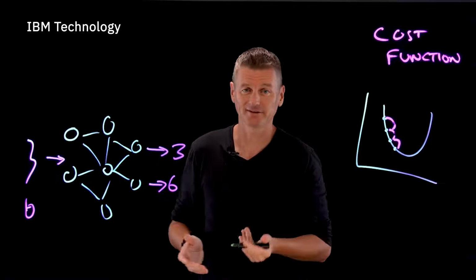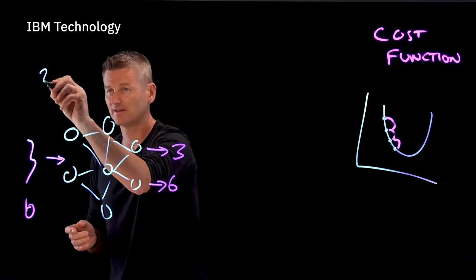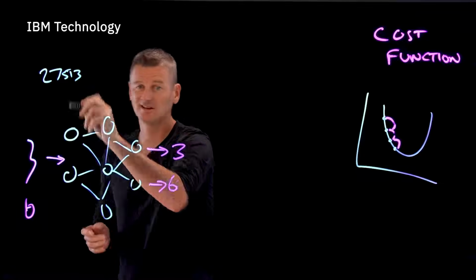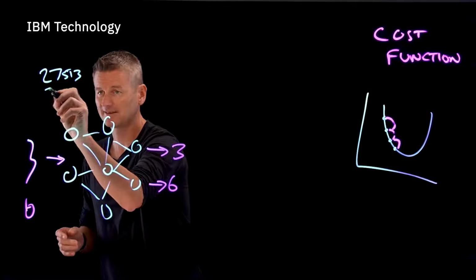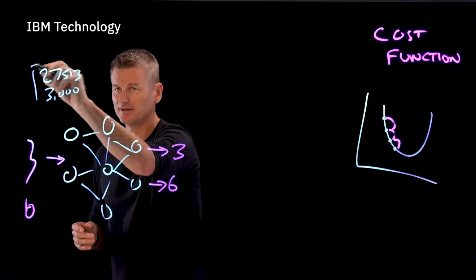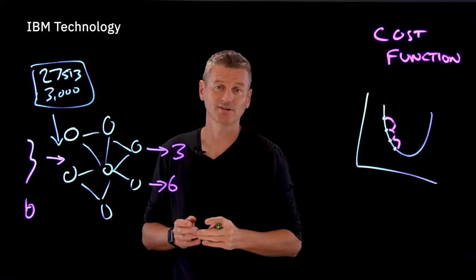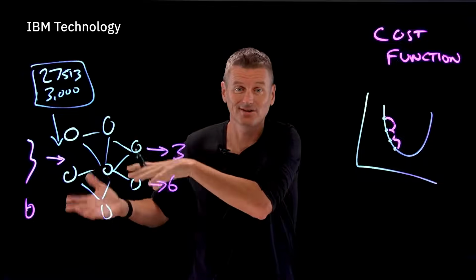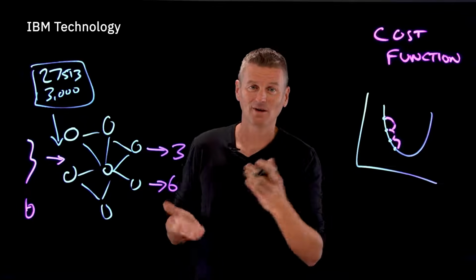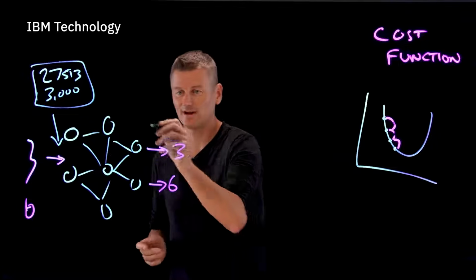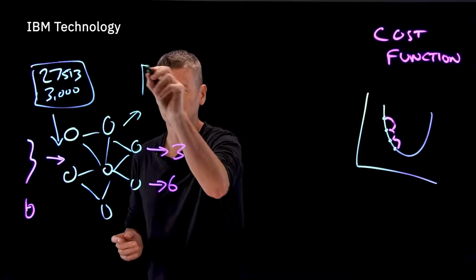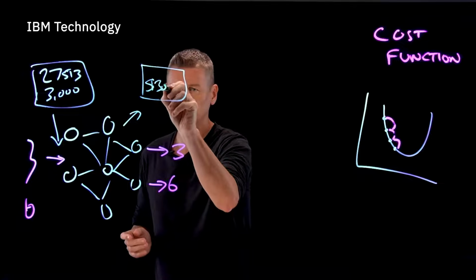So here's another example. We've got a house, its location, let's do it by zip code, 27513. How big is it? 3,000 square feet. Input that into our neural network. So how much does this house sell for? Well, now our neural network will make a forecast. It says, we think this sold for $300,000.